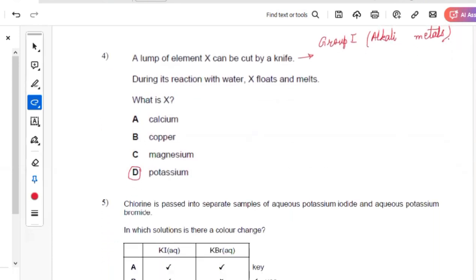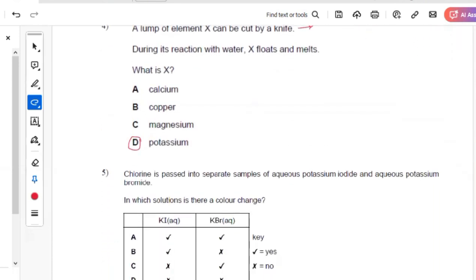Now let's move further. Chlorine is passed into separate samples of aqueous potassium iodide. So chlorine is reacting with aqueous potassium iodide, and here chlorine is reacting with potassium bromide.